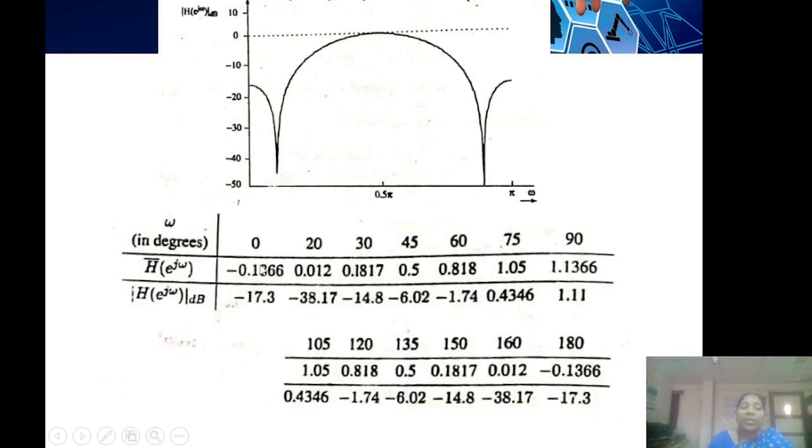It is not required to use multiples of 10; you can use multiples of 30, so ω = 0, 30, 60, 90, 120, 150 and 180. For these values, find the magnitude and plot the frequency response. When you plot it, you will get the band pass filter like this. Thank you.